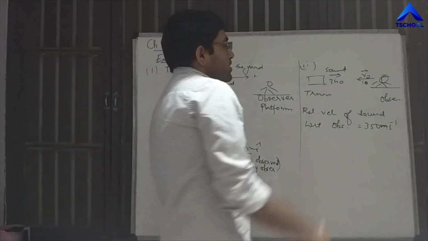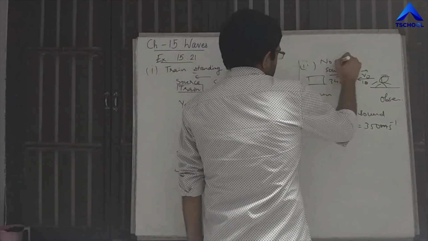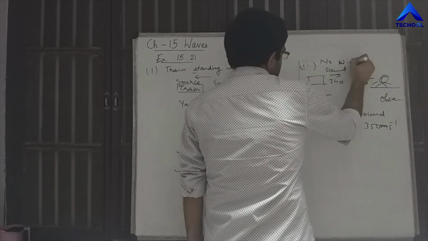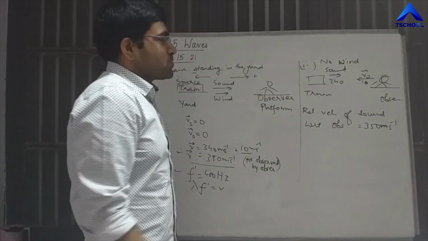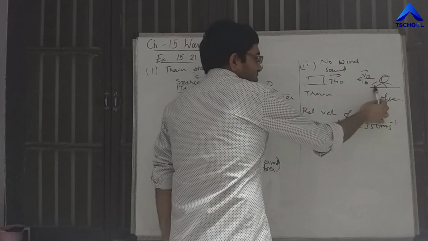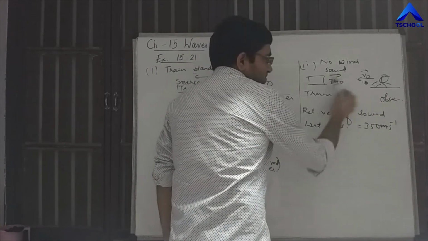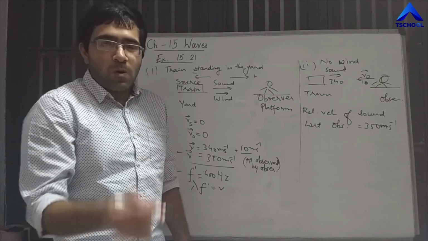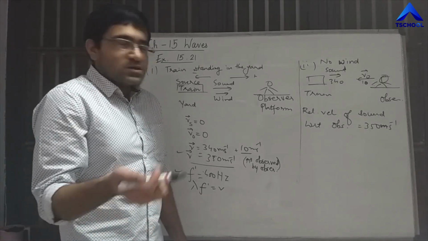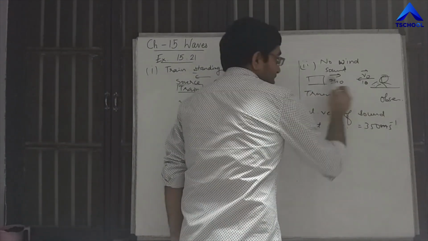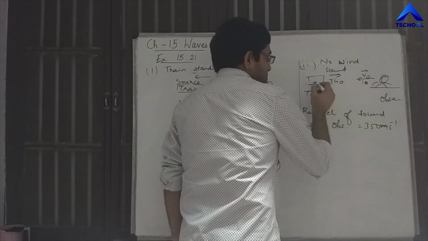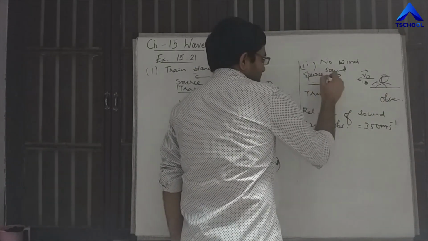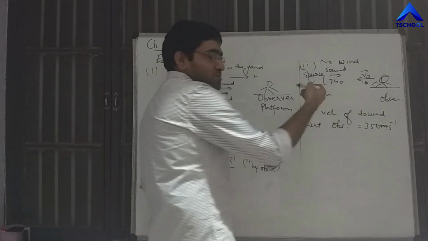Correct? Obviously there is no wind now, so that's what this second case is about, right? So there is no wind, but this person is running, so that's why the relative velocity would be 350 meter per second. So what happens is, now we have relative motion going on between the source, which is stationary, the train stationary, and this one moving, so there is relative motion.